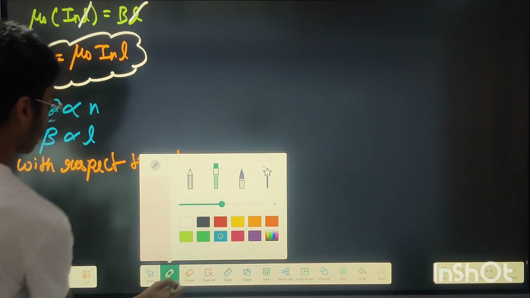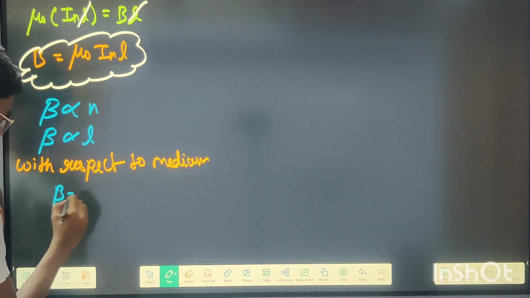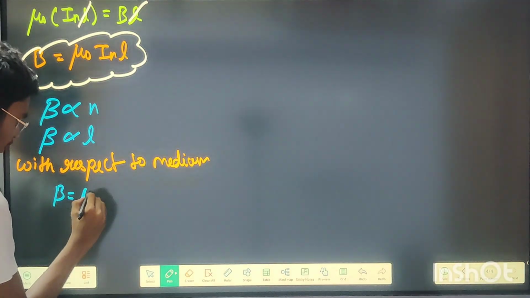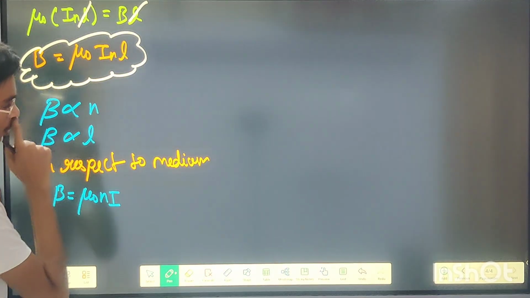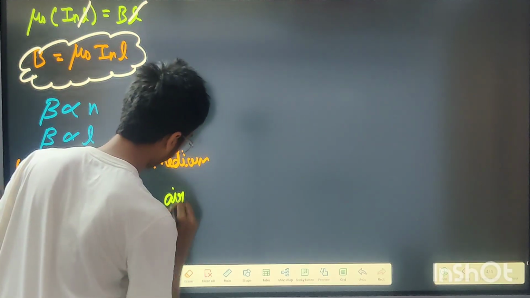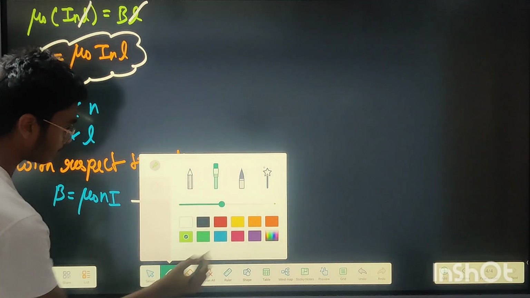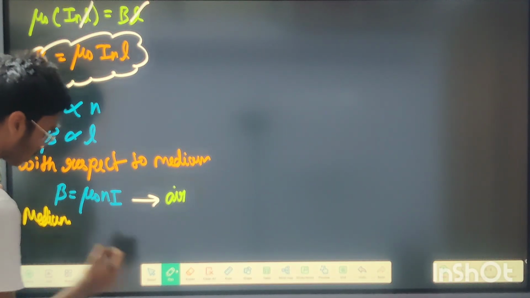So how will it be? It will be B is equal to mu naught Ni is the formula, and this is in air. Then how about in medium? First, what you have to know is that in medium there will be a few changes.